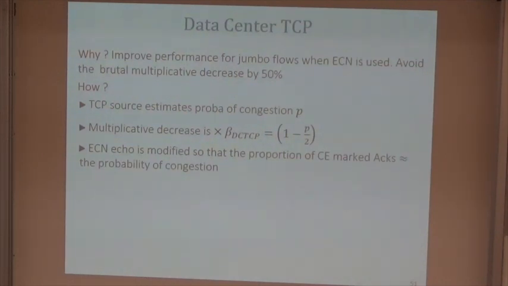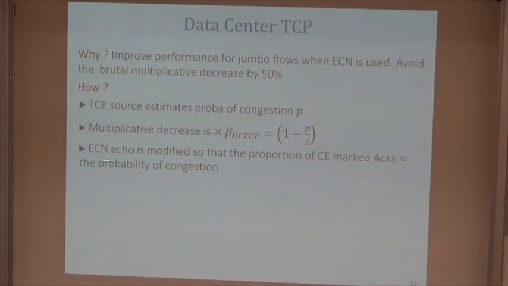Here in data center TCP, we're really discussing massive things. You want to handle a huge number of flows on a huge number of routers also. So they do it this way, implicit computation of the rate by this adaptation.